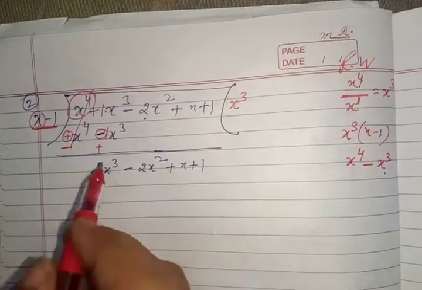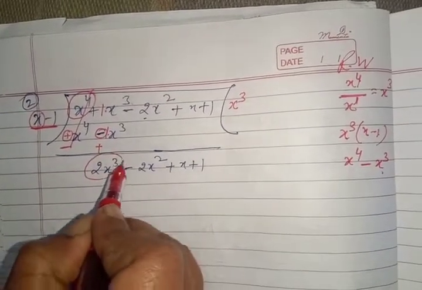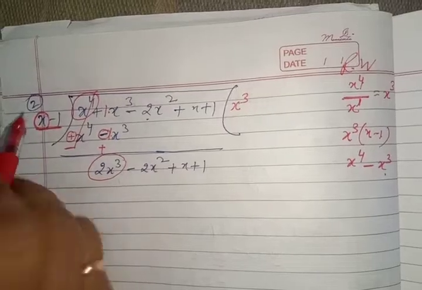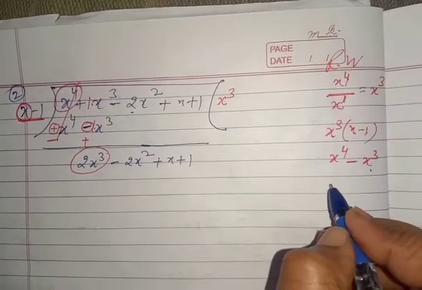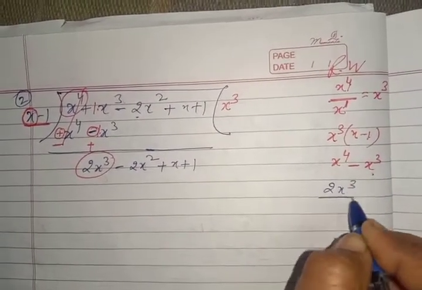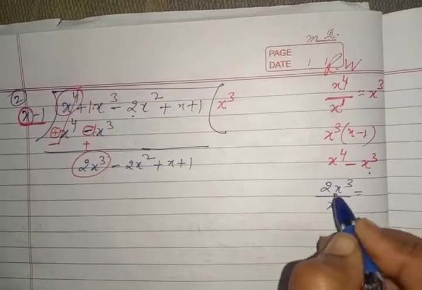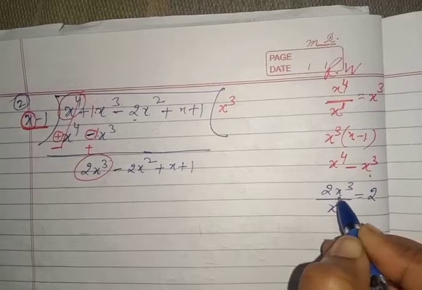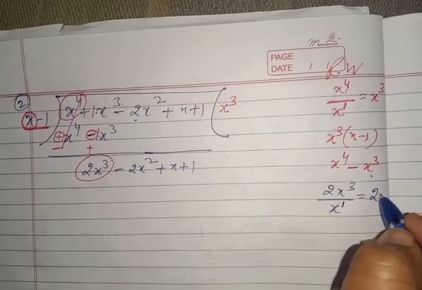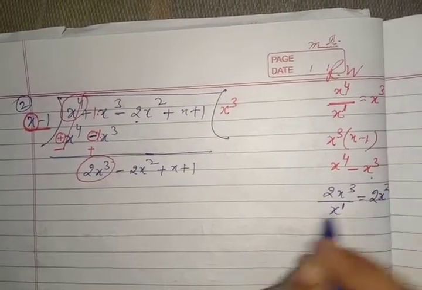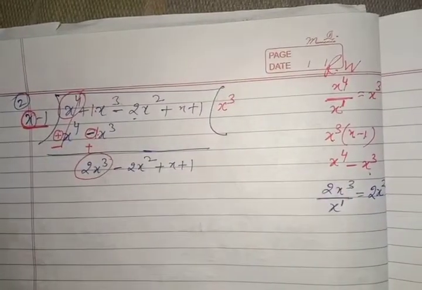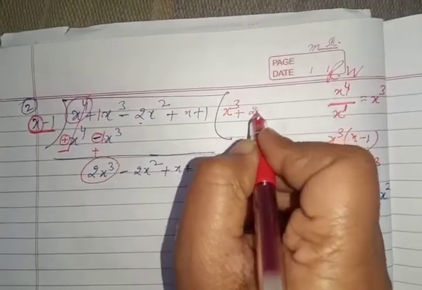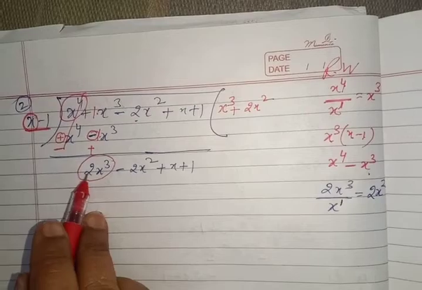Again pick up this 2x³ and divide it by x in rough to get quotient. 2x³ by x will give us 2, x³ and x. Bases are same, division sign, so power of x will be 2. So we will get here what? 2x². With sign you will pick, with the sign.